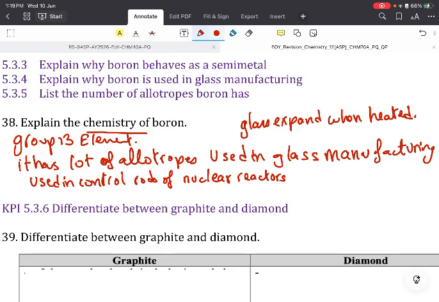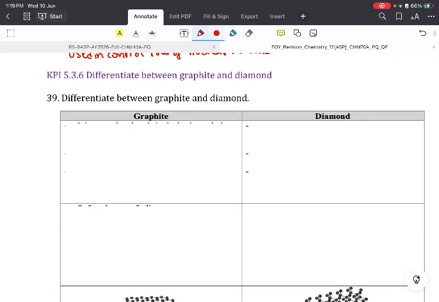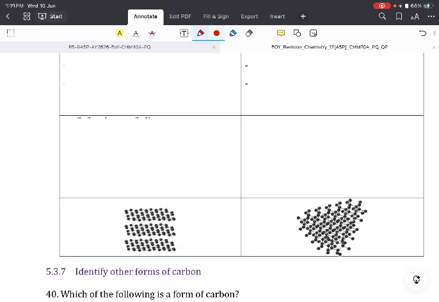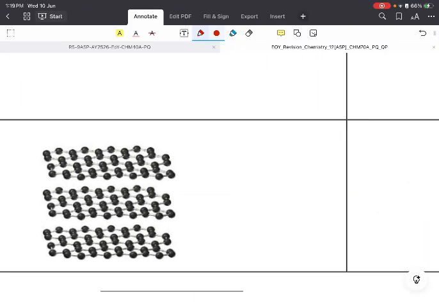Now, the next question, to differentiate between graphite and diamond. I need you to memorize this part in this table, the differences between them. Let's look at the structure of graphite. You can see that every carbon has 3 bonds.